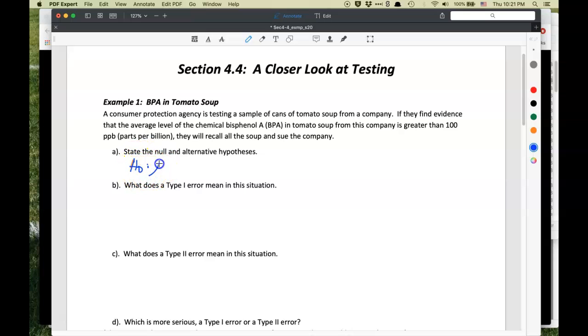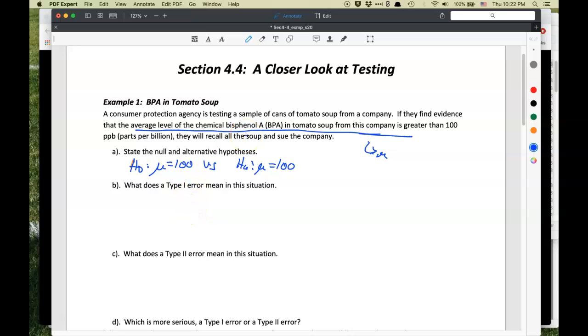H naught: mu equals 100 versus the alternative: mu is greater than 100, right? So where mu represents the average level of the chemical bisphenol A in tomato soup from this company. That would be our definition of what we're talking about for our mu. So we're going to use sample data to investigate that.